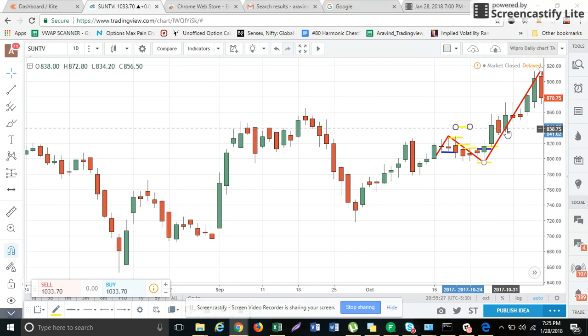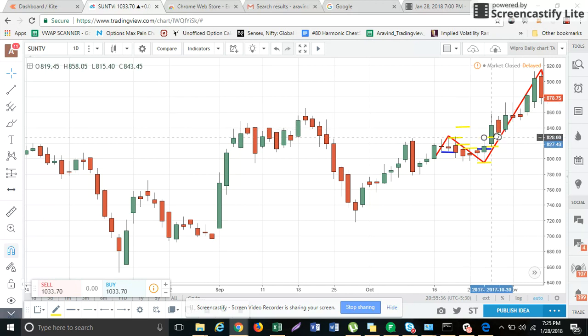On 31st of October, you can see another swing high formed. So we simply update our trailing stop loss to the green candle's low, which is 830.80. On the next day, it didn't make a swing high, but again it was going on a sideways trend where a doji is formed.